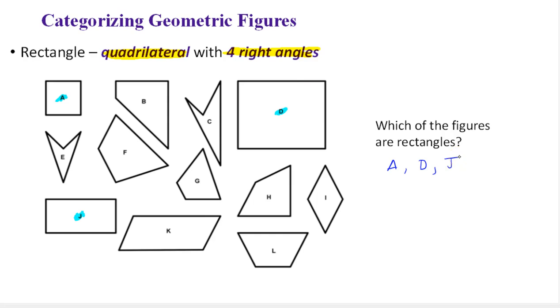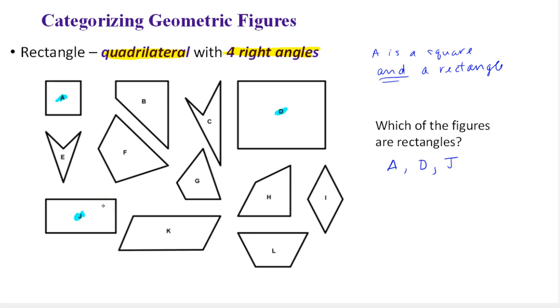Okay, so notice we said A is a square. A is also a rectangle. So A is a square, and it also meets the definition of a rectangle. However, D and J are rectangles, but they're not squares.